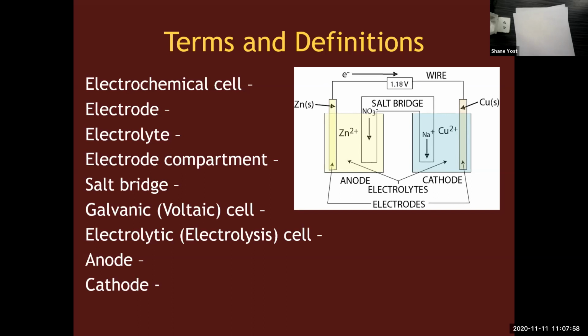Hence how a battery works. You can short your battery if you connect directly, bypassing the ends of your battery. Imagine this is a battery, this is the top side, this is the bottom side.